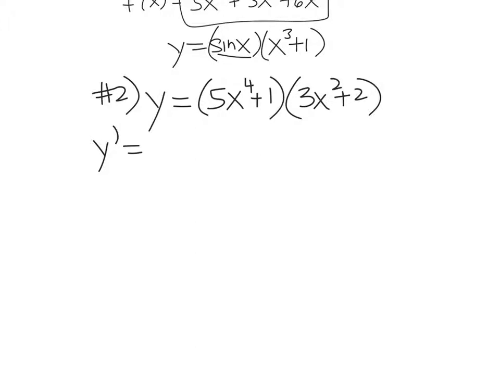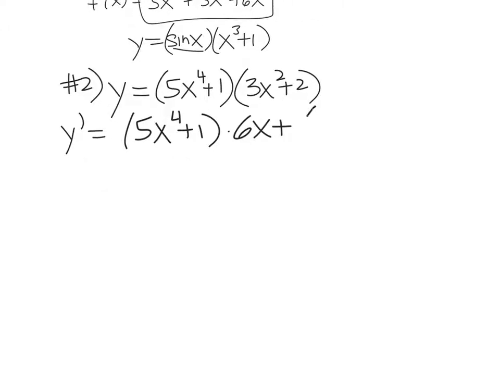You guys keep working. So it's going to be a times b prime, so leave the first one alone, times 6x, plus b times a prime, b times 20x cubed. Doesn't matter which one you have first.